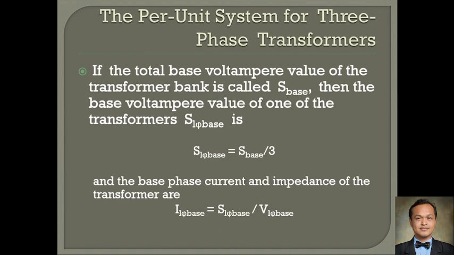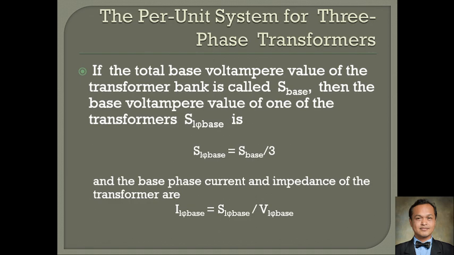If the total base or the volt-amp value of the transformer bank is the so-called S base, the apparent power, then the volt-amp value of one of the transformers, the phase power, is equal to the base power divided by 3 if you have a 3-phase transformer.